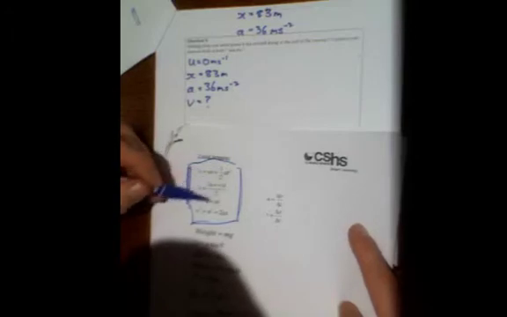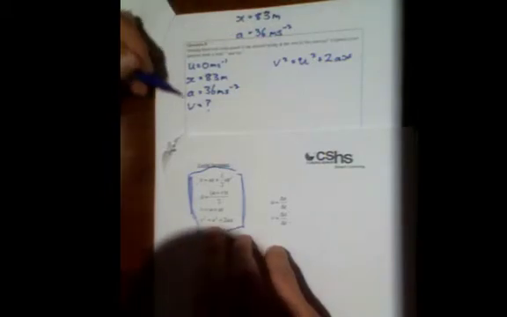U, X, A and V is our unknown. So we're looking for a formula with U, X, A and V. We can't have T. So that's out, that's out, that's out. So it's this. V squared equals U squared plus 2AX.